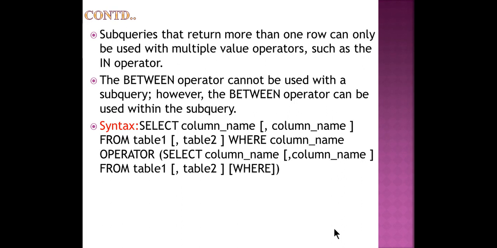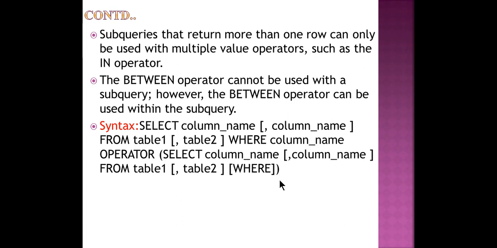Syntax is given here. This is the normal select statement. You can see select column name from the table name, where, after where you need to write a condition, right? In a normal SQL select statement, you write a condition after the where clause, but here you see there is a column name, some operator, and again another select statement is started.